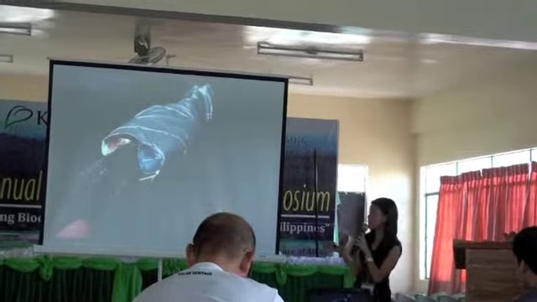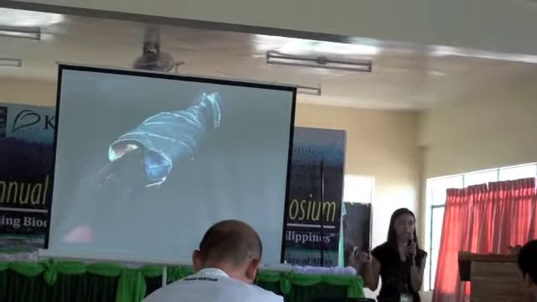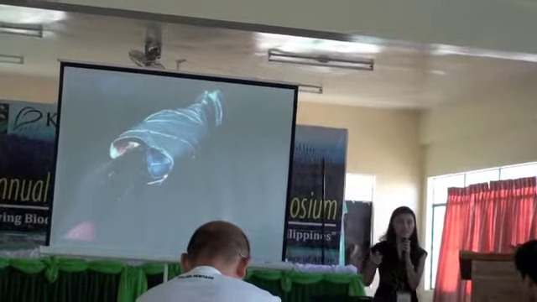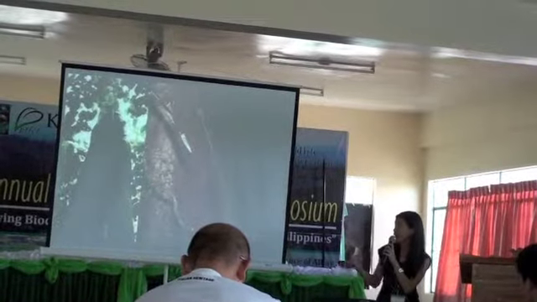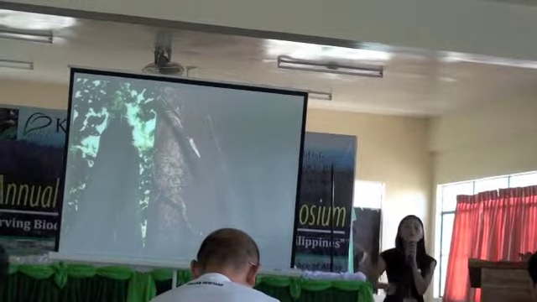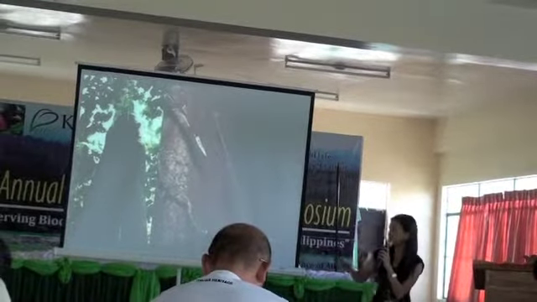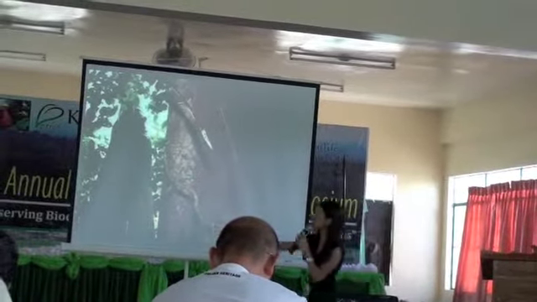So this is an example of the spool and line technique applied to the butaan. This is actually tied to the butaan's tail. And then these are the movement patterns of the butaan. On the left image, you can see that this one is the spool.